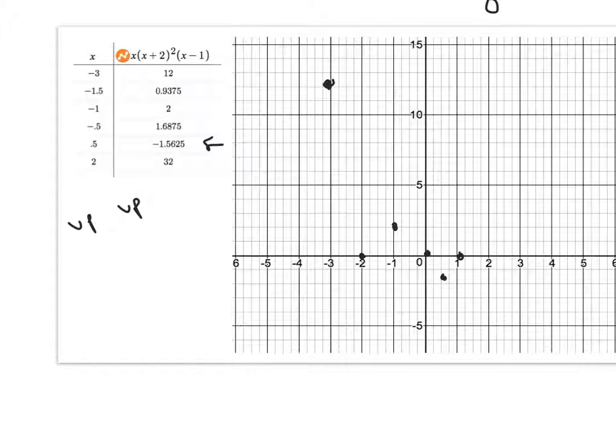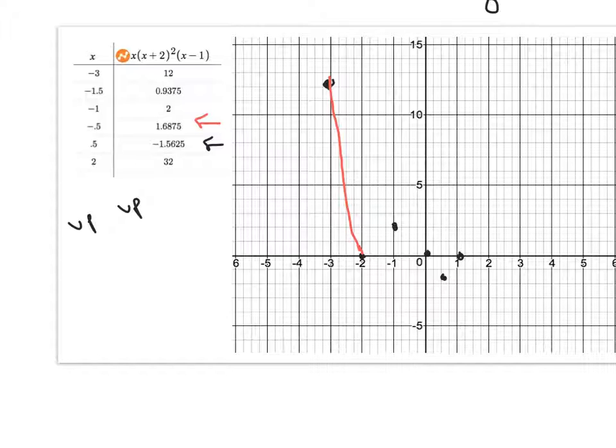So remember that since my far left and far right behavior is up, up, when I trace this, what's going to happen is when I come down here, I'm going to come up here, and I'm not going to cross right here. And if I picked more points between negative 2 and negative 1, which I did right here, negative a half is 1.6875. So I know that that's going to be about right here someplace.